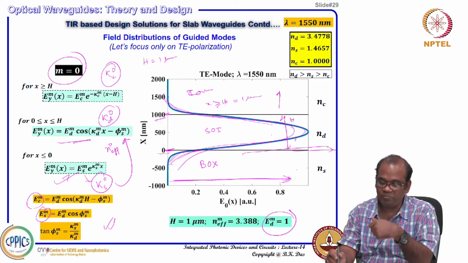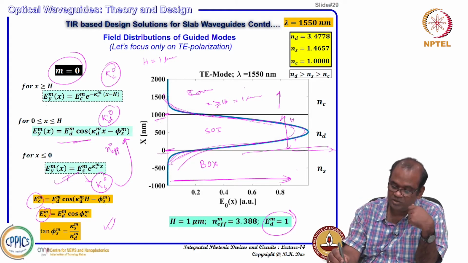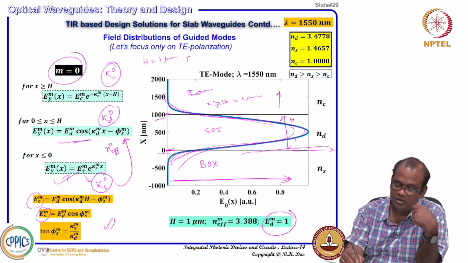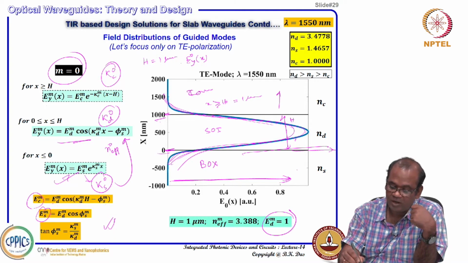So, this would be the field distribution for the fundamental mode, and together we will call it EY x for 0 field distribution. That is the EY component, which will be oscillating along the y direction, and propagating along the z direction with the phase velocity like this, beta 0 z.